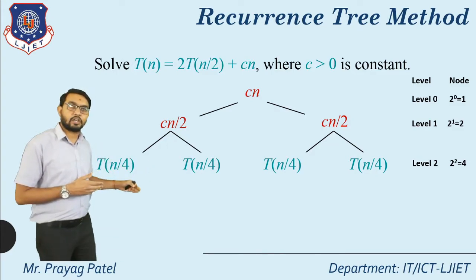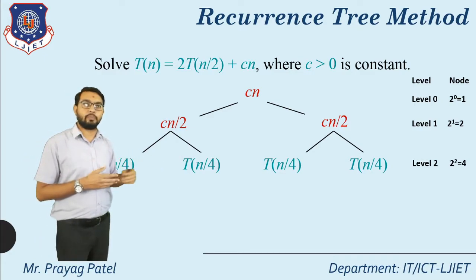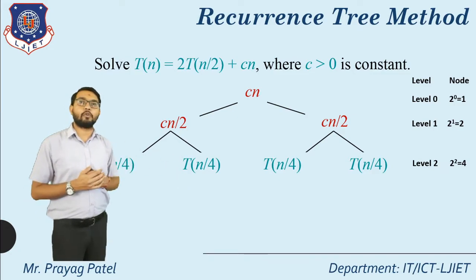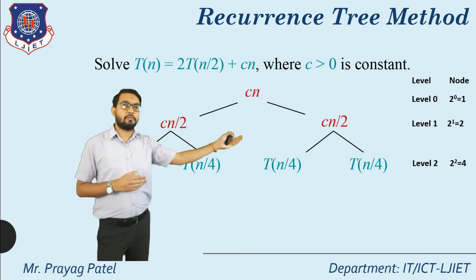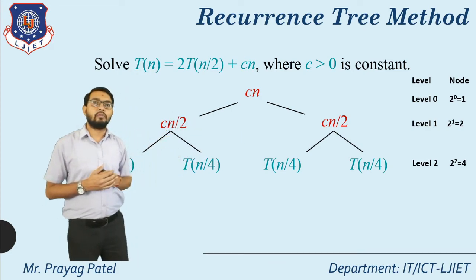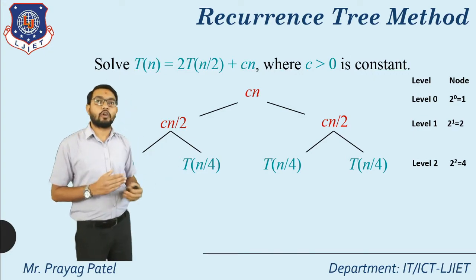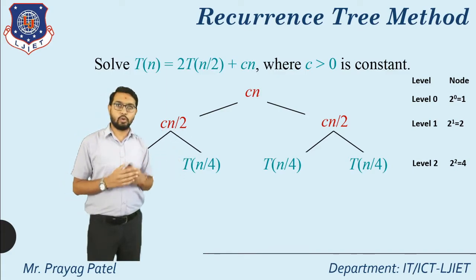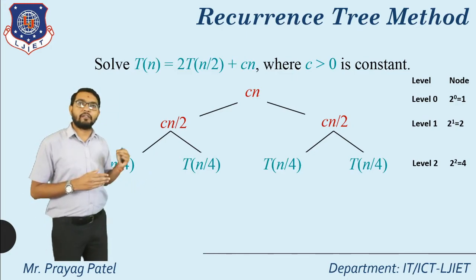Here first T(n/2), second T(n/2): for the first T(n/2) we represent 2T(n/4). In the same way we represent the second T(n/2), with the cost c·n/2 and the recurrence call 2T(n/4). So this is the recurrence call for level number 2.